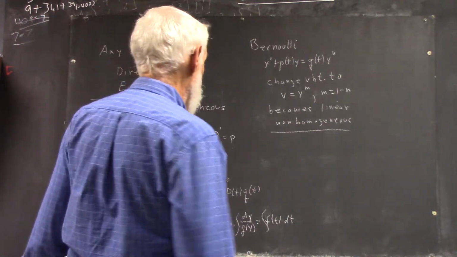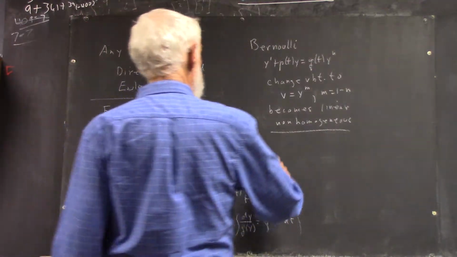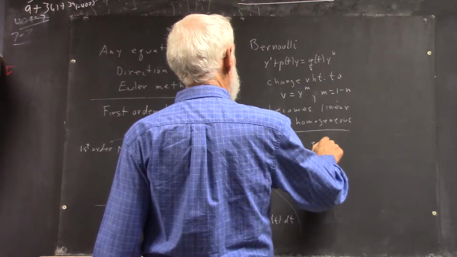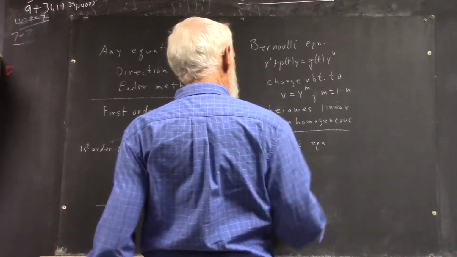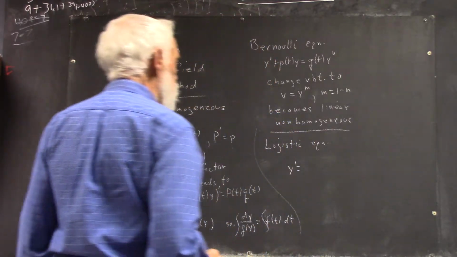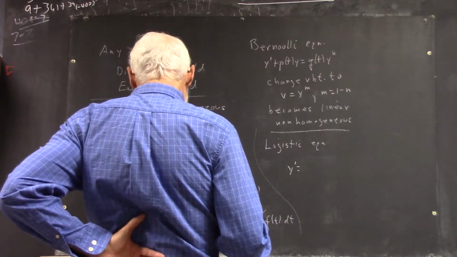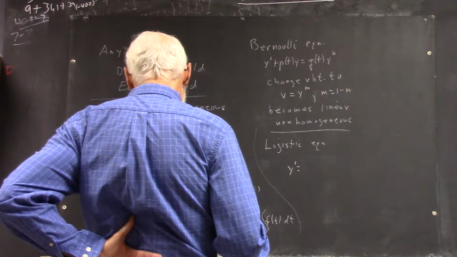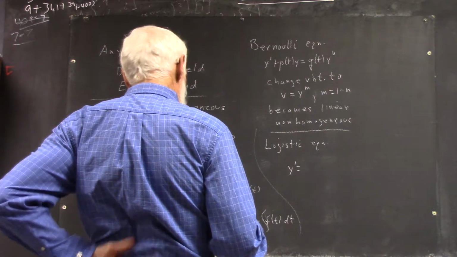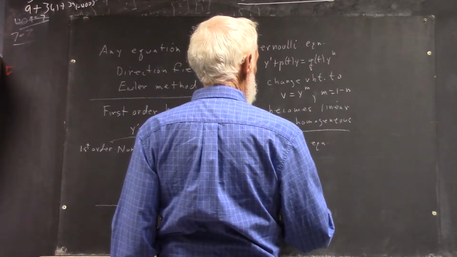Okay, so what else do we have? We have the logistic equation, which has a lot of ways it can be written, but it's like y prime equals, various ways it can be written.